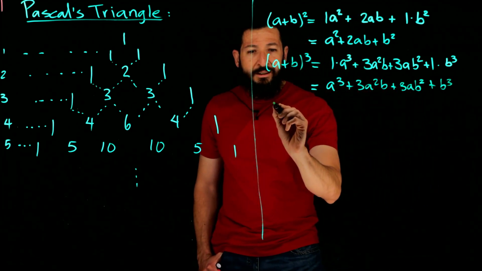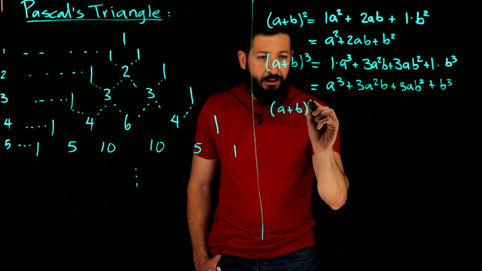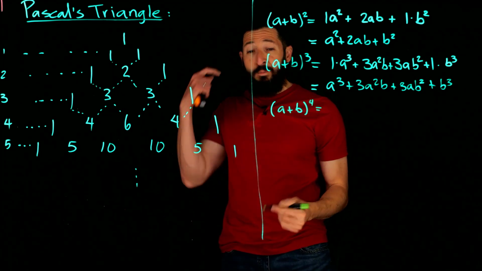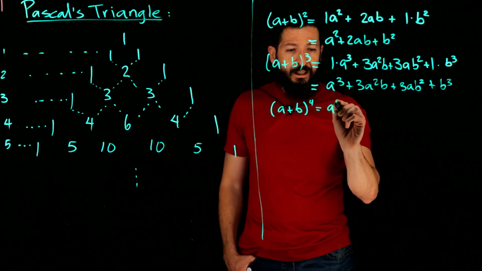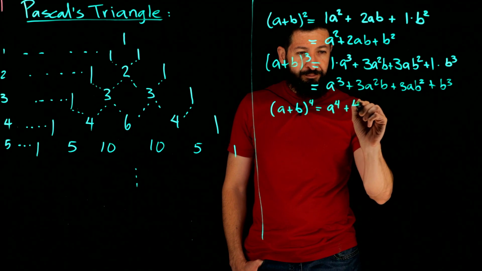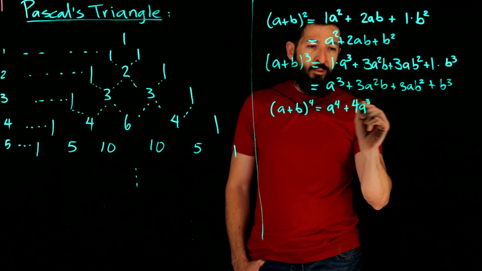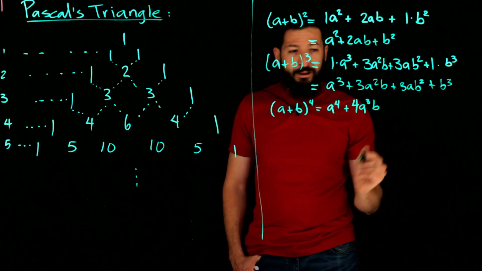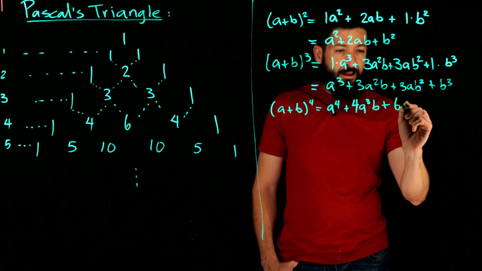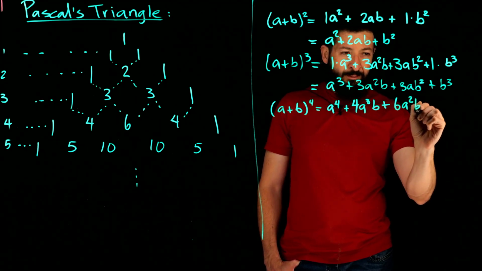Now you can see that you can do a plus b to the 4th just using those coefficients, but now let's just write it out. You get a to the 4th plus the first coefficient, which is 4. You drop the degree by 1, and you increase the b by 1. Then I get 6, subtract 1, increase 1.